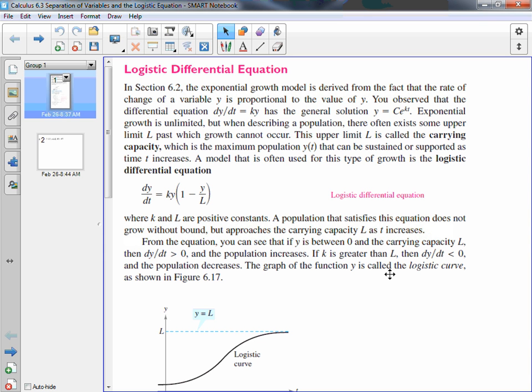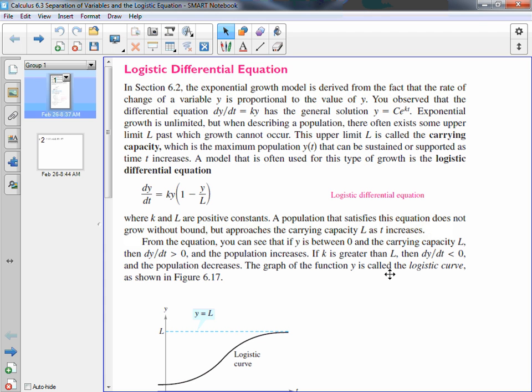A model that is often used for this type of growth is the logistic differential equation, dy/dt = k y (1 - y/L). That is the logistic differential equation, where k and L are positive constants.